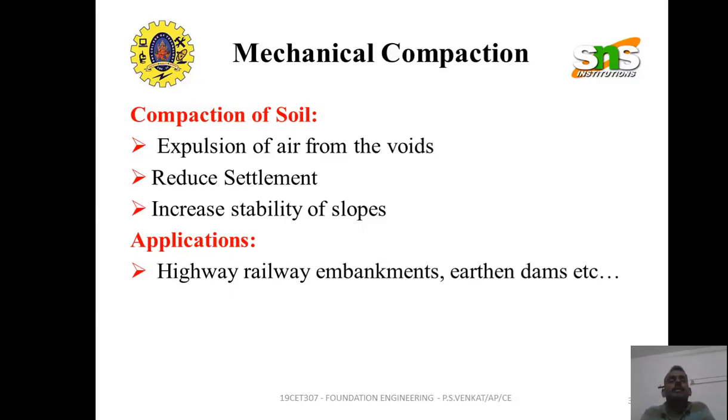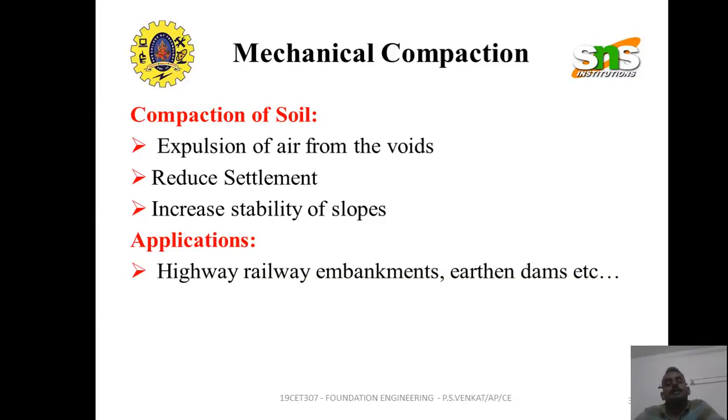The process involves expulsion of air voids from the soil, and it is used to reduce the settlement to a considerable extent, and also it increases the stability of slopes.